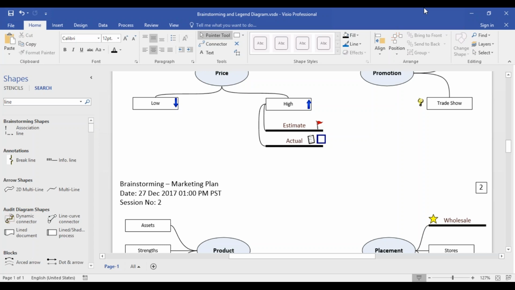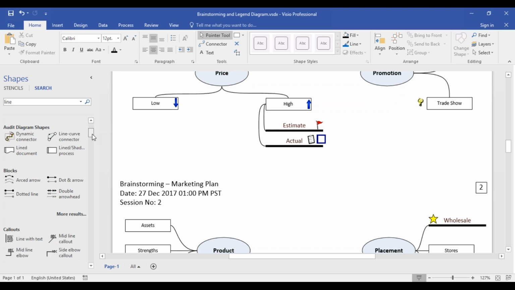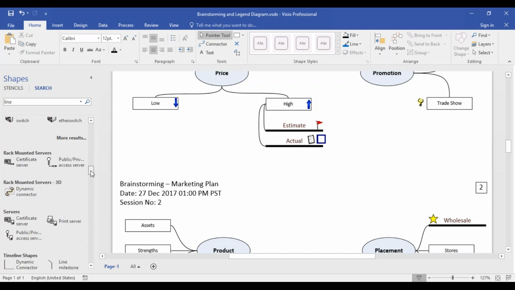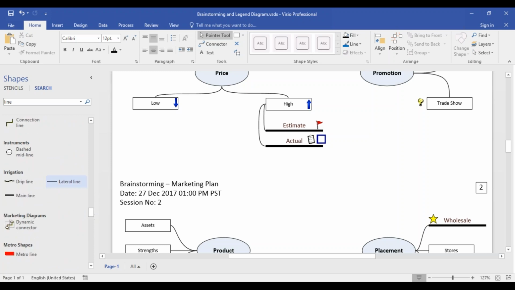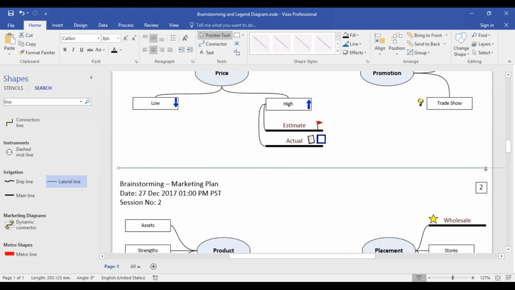Done. Now, look for lateral line. That is a type of line that you have to add. Scroll down, search for a lateral line. Drag the lateral line and drop it. Extend the separator.